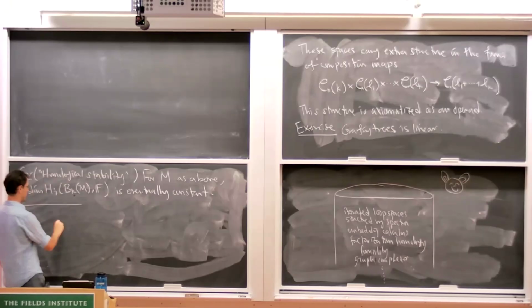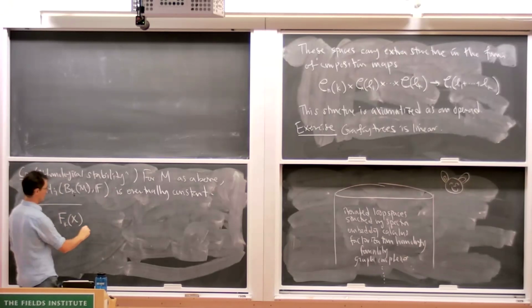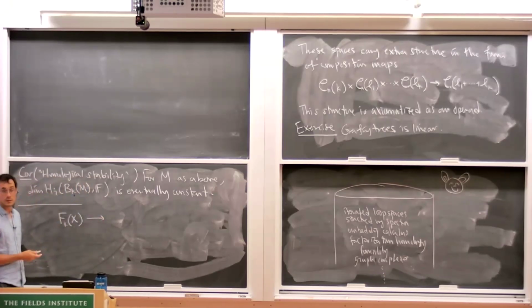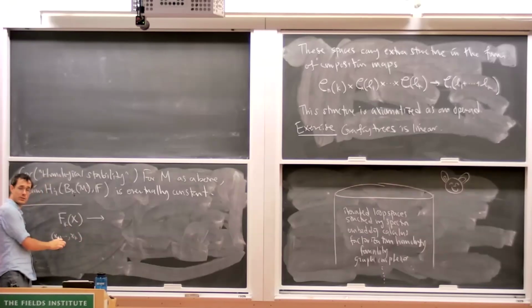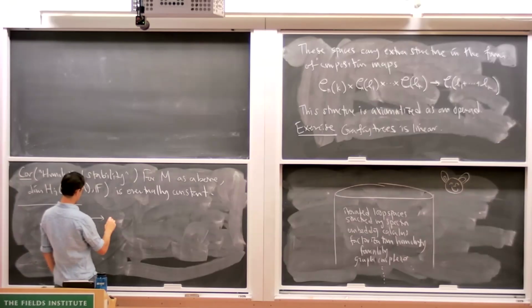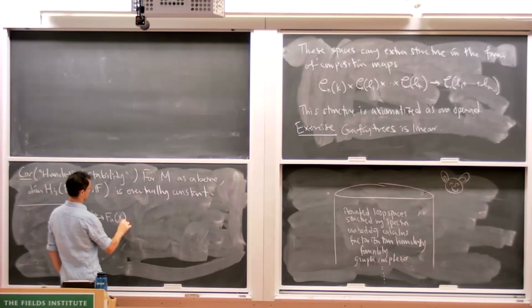If I have a configuration of k particles, then anytime I can write k as a sum of some number of numbers, but let's stick with 2, say a and b, then I can split the configuration x1 through xk into first a configuration of a many particles and then a configuration of b many particles, so a plus b is equal to k. I'm going to call this map S_{a,b}.